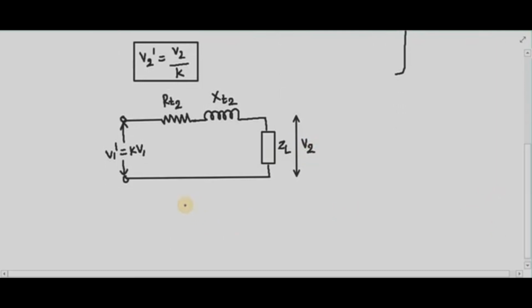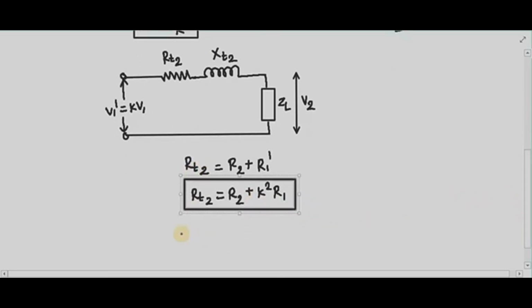What is your RT2? RT2 is nothing but the total effective resistance of the transformer referred to the secondary side, and it is nothing but the secondary side resistance plus the primary side resistance referred to the secondary side, that is R1 dash. So if I convert that in terms of your transformation ratio, it will become K square R1. So my RT2 is nothing but R2 plus K square R1.